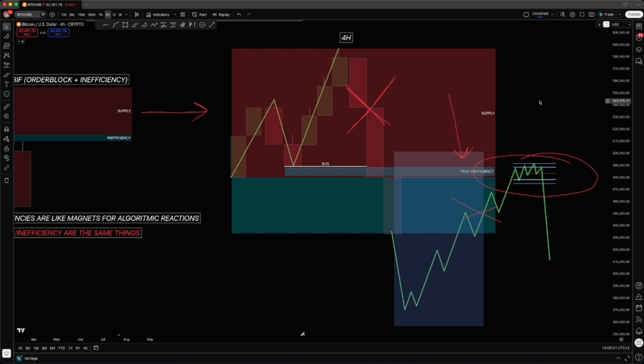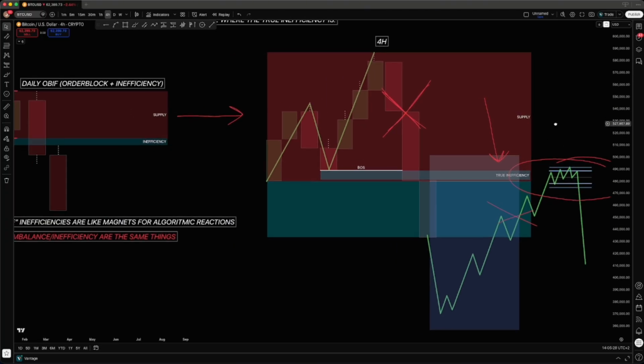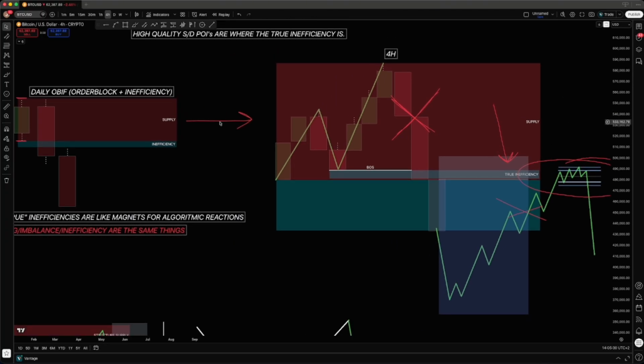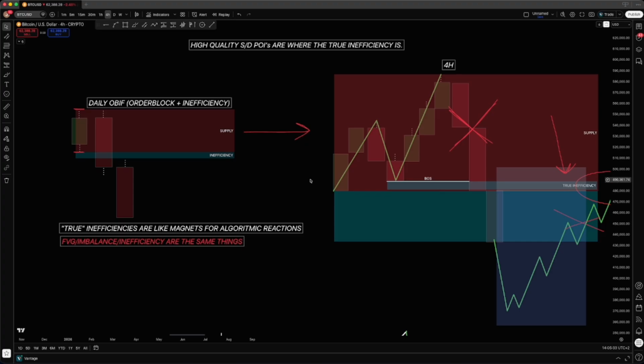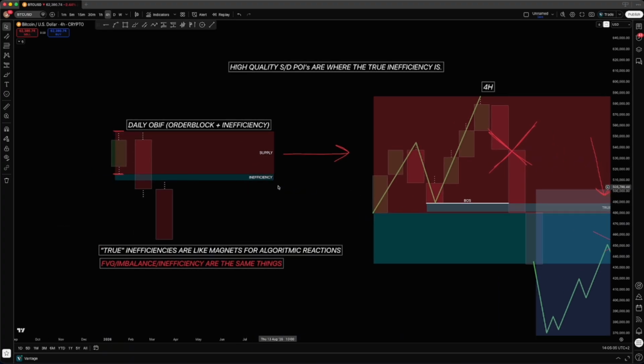And of course, in demand, it works the same way, but the other way around. So I just want you to know how you can identify proper supply and demand. And this is the way to do it, by finding the true imbalances.